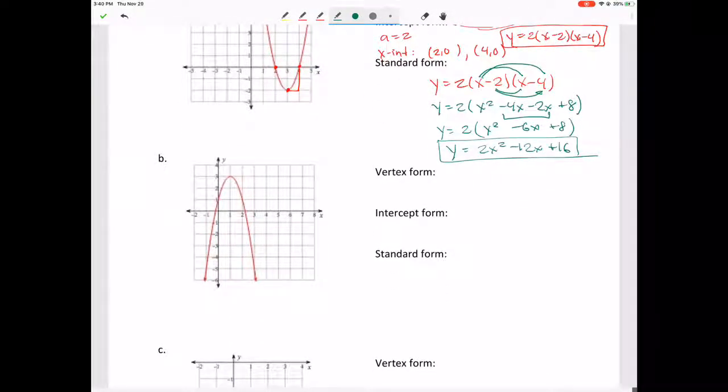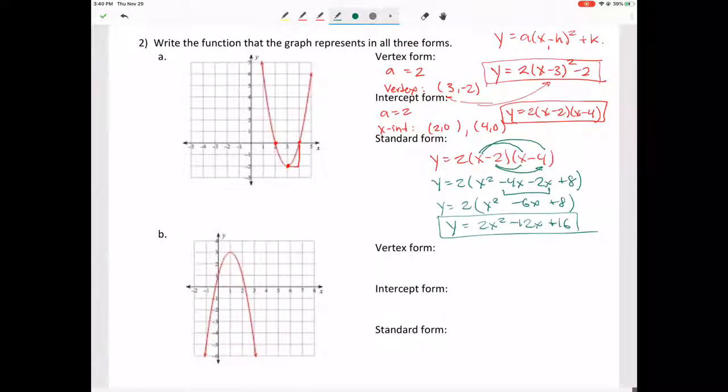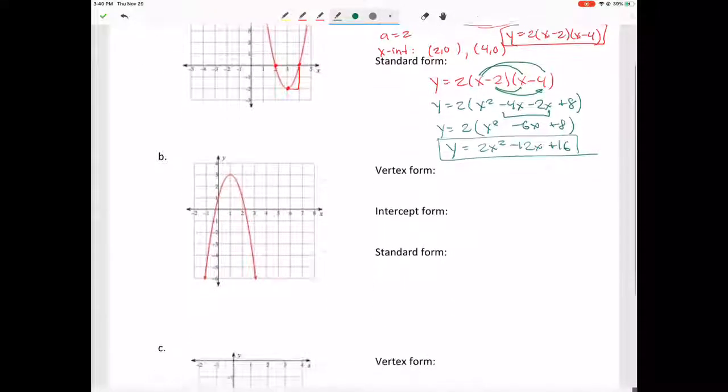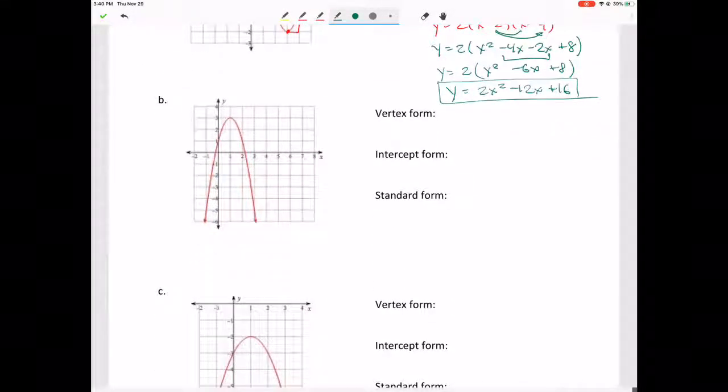Okay, so all the examples on the test will be similar to this one, okay? Other ones like this one, as you see, if you wanted to do the intercept form, you can't really, I mean, we don't know what the x-intercepts are, okay?